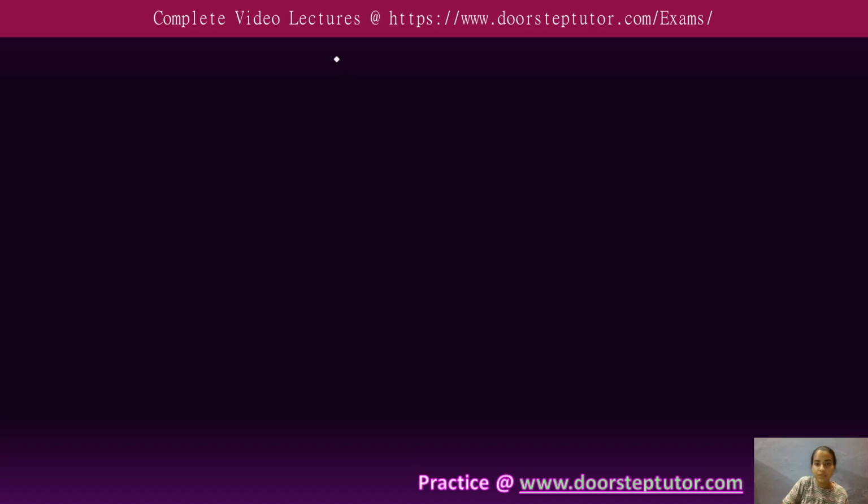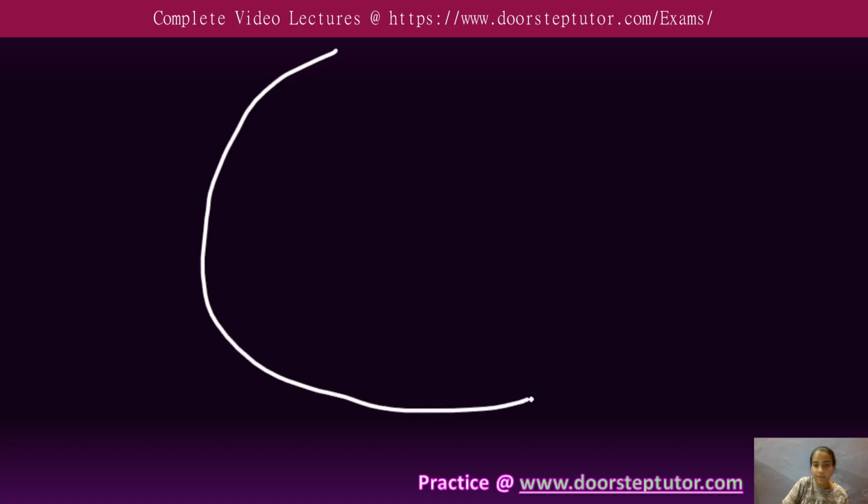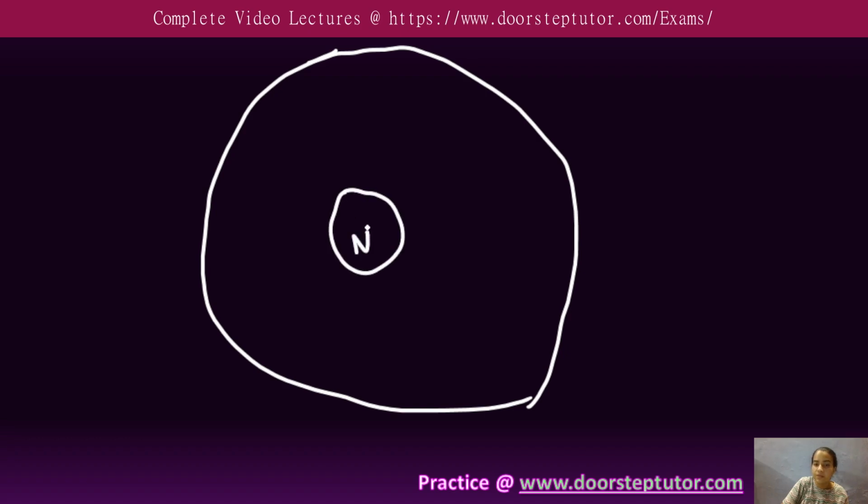So suppose this is a cell. Here the nucleus is also present. Now besides the nucleus, cytoplasm is present inside the cell, which is a semi-fluid. It is called cytoplasm.